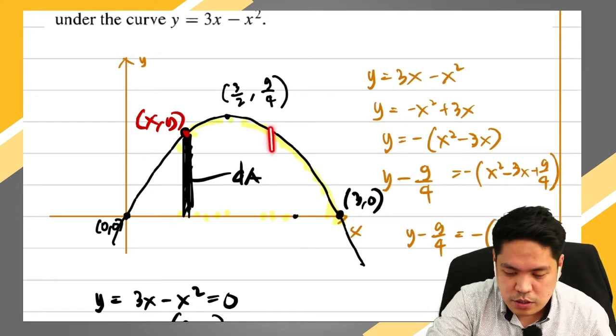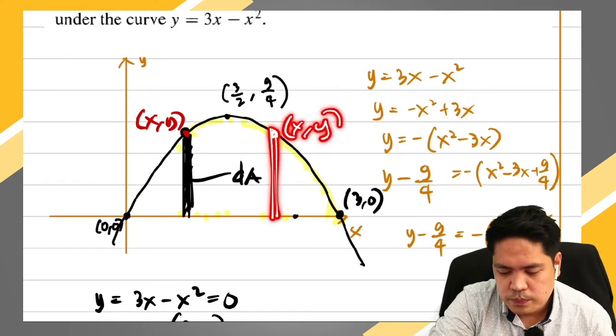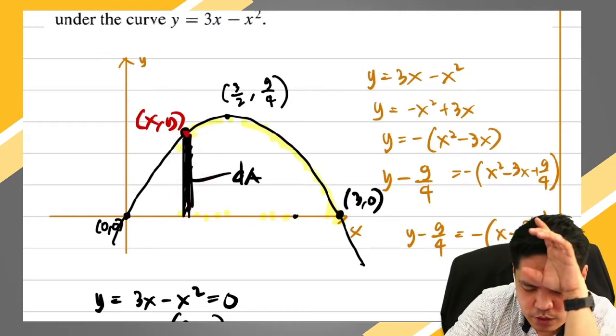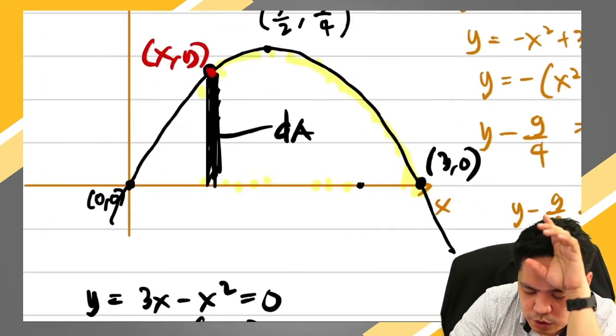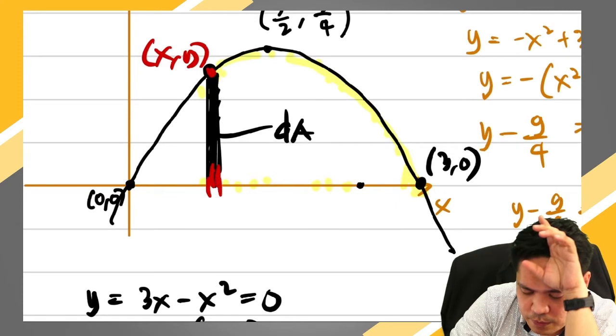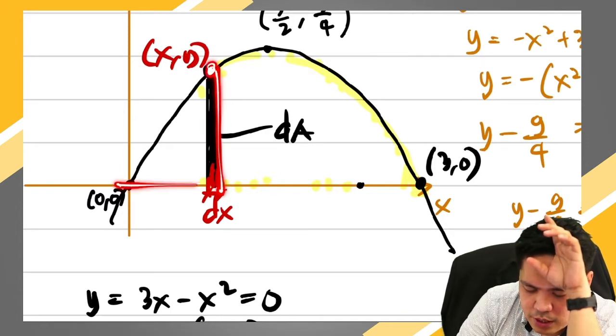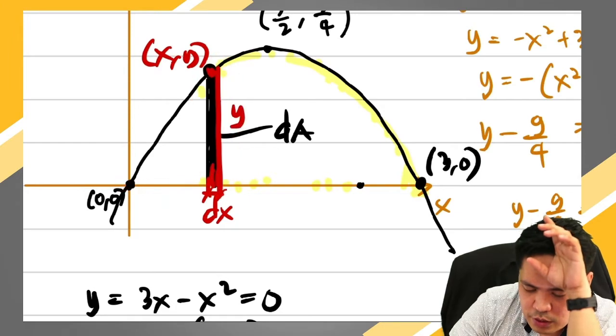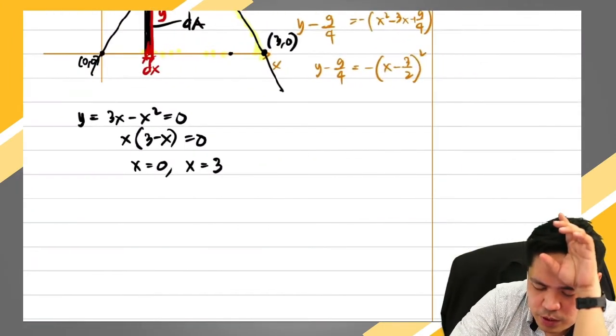It could be right here. This is still x, y. So we just sample this as our location of the vertical strip. Of course, the thickness of the strip is dx, right? And what is the height of the strip? Remember that this point is x, y, so therefore, this is y.